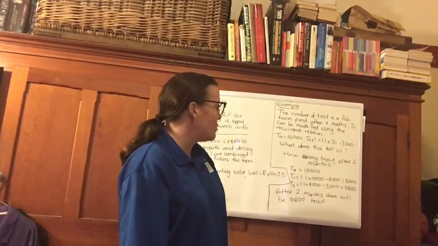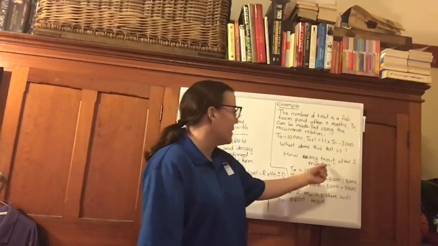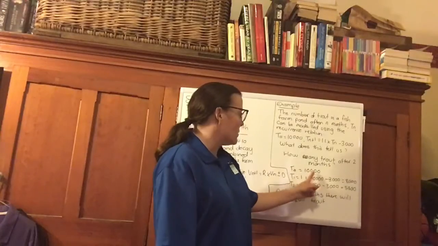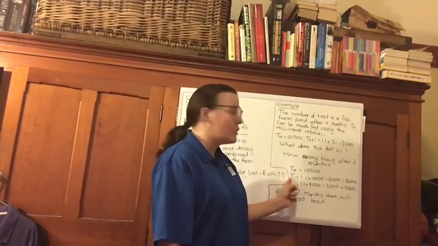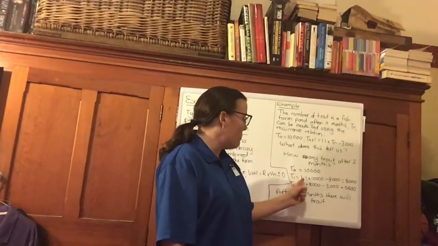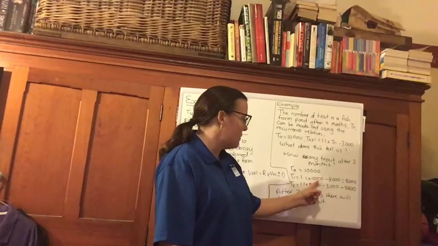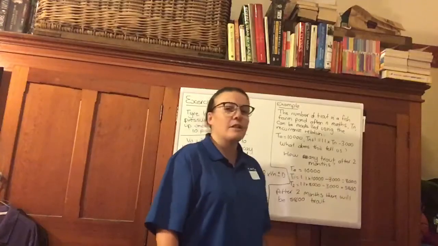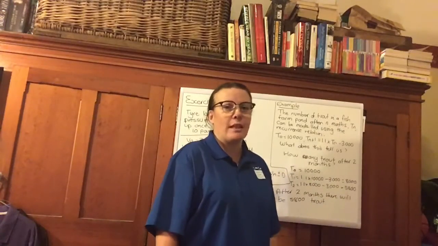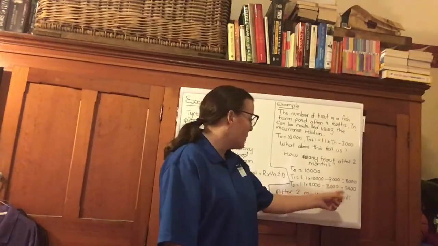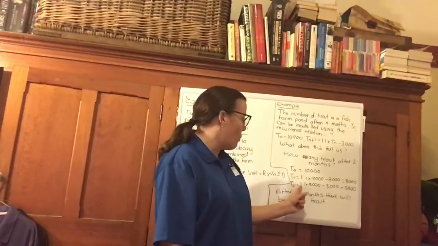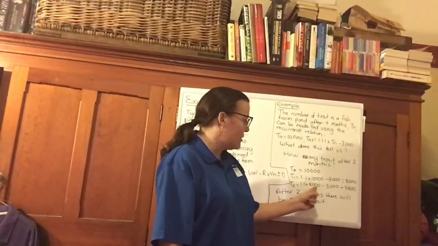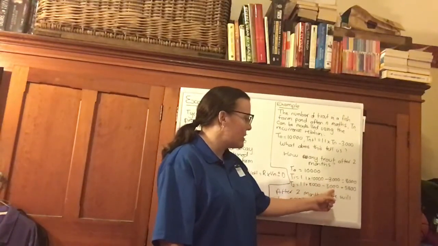Alright, so how many trout am I going to have after 2 months? So T0 equals 10,000. So after the first month, I'm going to have 1.1 times the 10,000 minus the 3,000. So I'm going to have 8,000 fish left. Okay? After the second month, I've got 1.1 times 8,000 minus the 3,000.